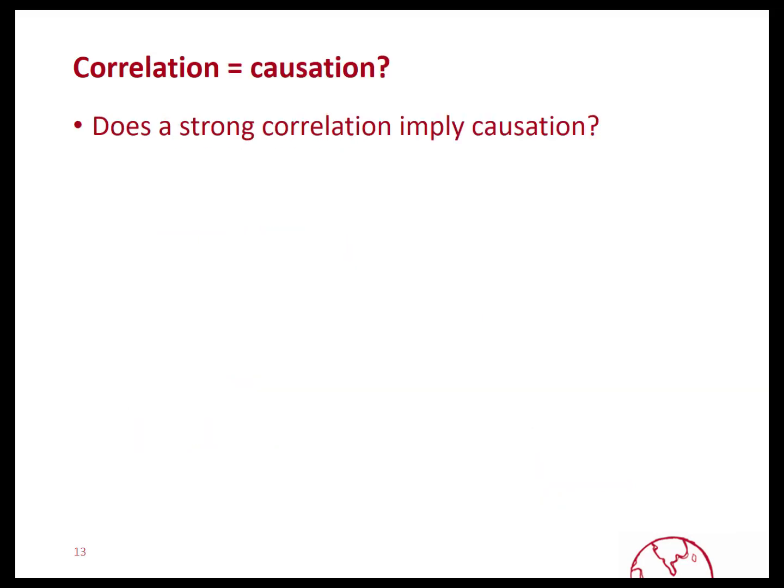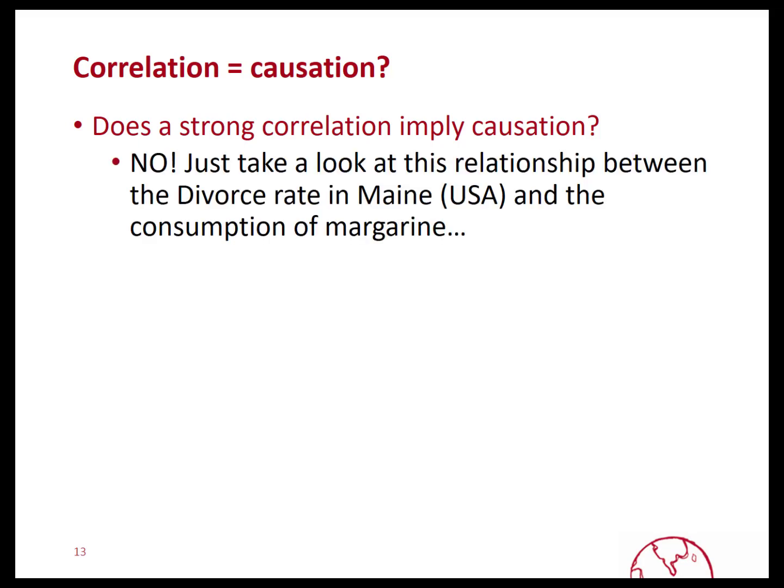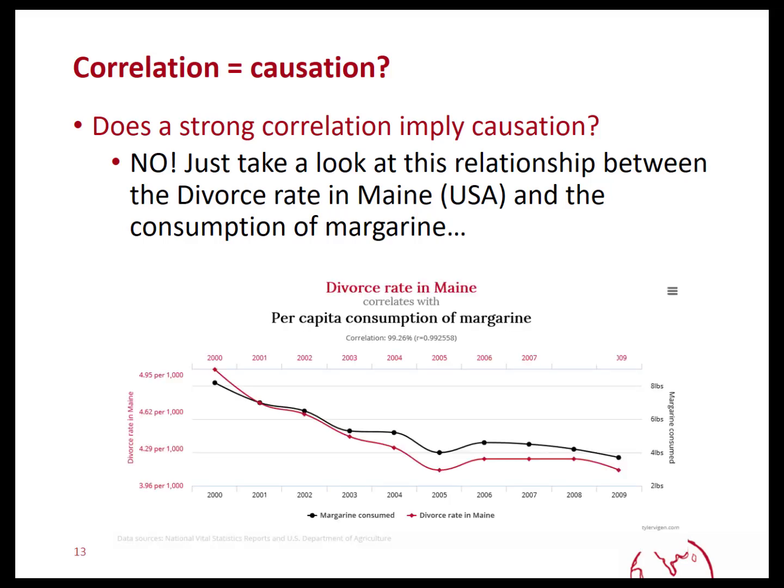Does correlation equal causation? This is a question that many people get confused about because they think, well, if two things are correlated, one must be causing the other. No, correlation does not imply causation, which means one thing causes the other. Let's just take a look at an example. Here's one where you look at the divorce rate in Maine, USA, versus the consumption of margarine in that state.